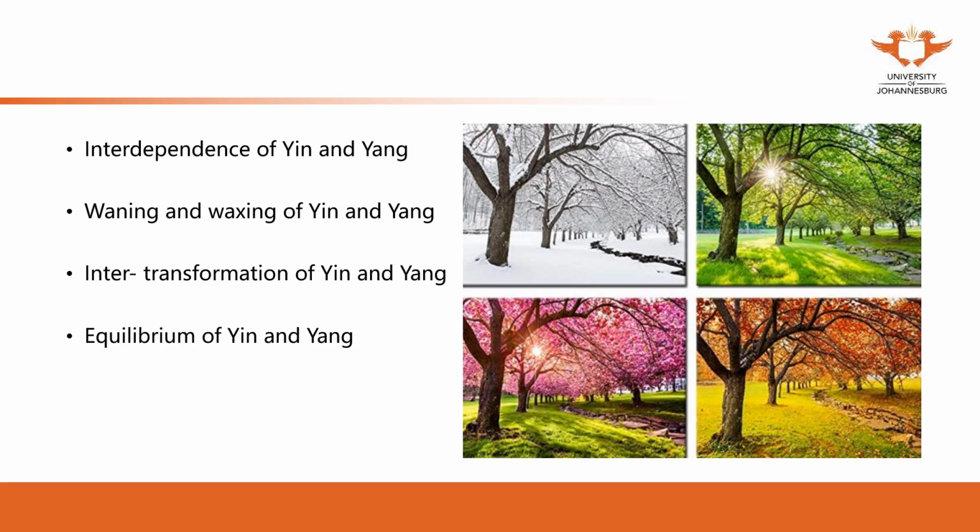Sometimes, especially in Joburg, we have hailstorms. After a hailstorm, the weather becomes cold, and also the hail. You can see the damages after the hailstorm. So the sudden transformation will cause imbalance of yin and yang. The imbalance of yin and yang will result in damages. That also will happen in our human health.